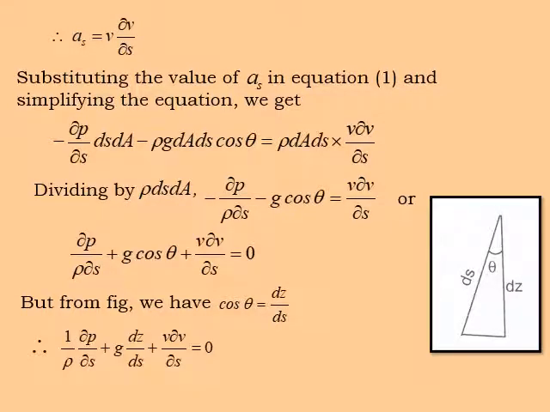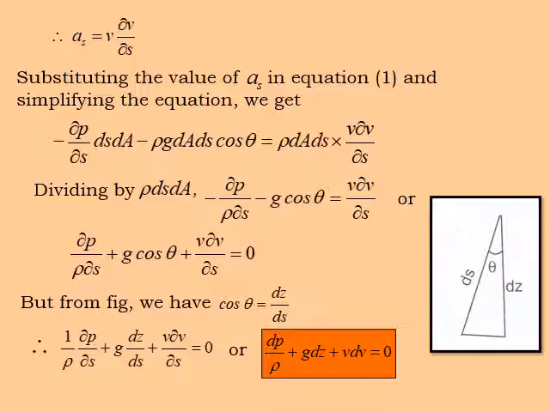Therefore, 1 by rho into dou p by dou s plus g into cos theta, substituting cos theta is equal to dz by ds, plus v dou v by dou s is equal to 0, or dp by rho plus g dz plus v dv is equal to 0.